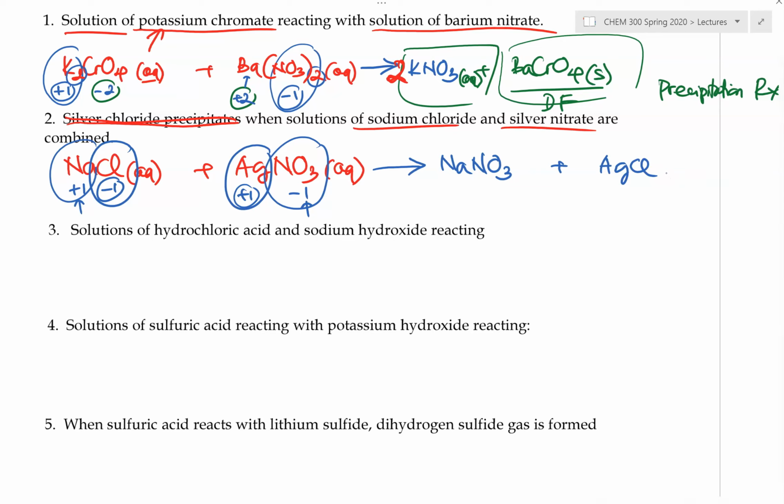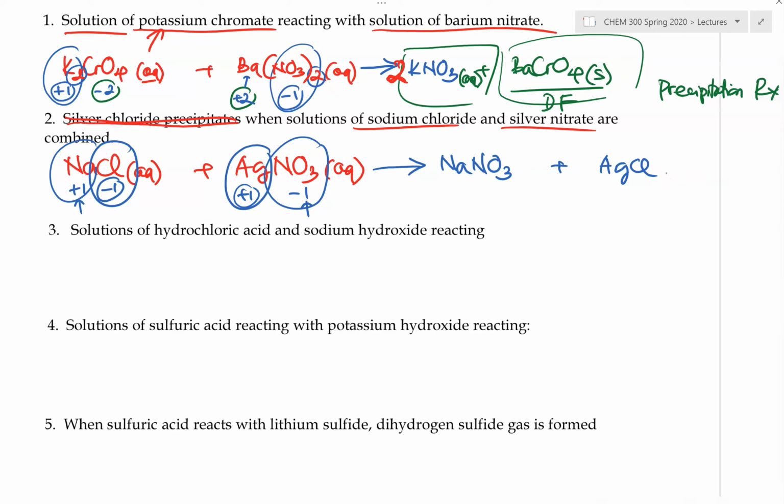So there we have it: one of the products is meeting the driving force. This is the driving force of this reaction. A solid is being produced, so we can refer to this as a precipitate reaction, or precipitation reaction.